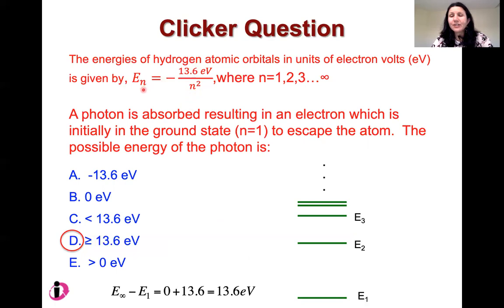When the energy is 0, that means that you have escaped all the energy levels. If you start at minus 13.6 and go to 0, that's exactly the 13.6 electron volts required to knock out this electron.